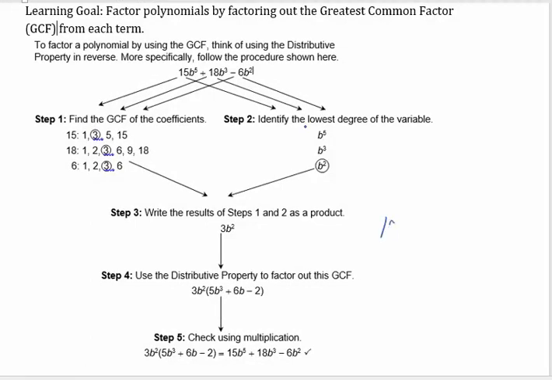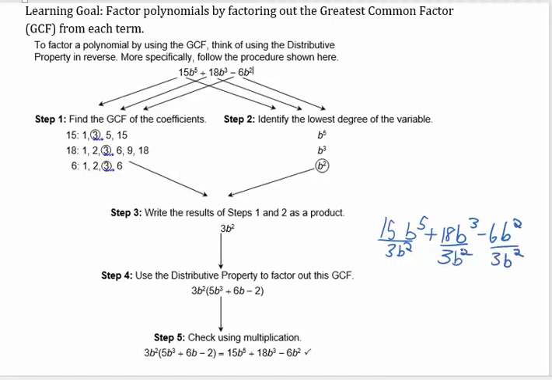So our original problem was 15b to the 5th plus 18b cubed minus 6b squared. And I found out that the greatest common factor was 3b squared. I'm going to divide every term by 3b squared and see what I get.